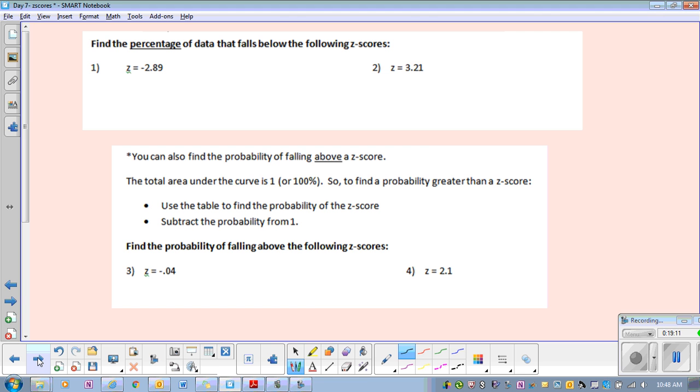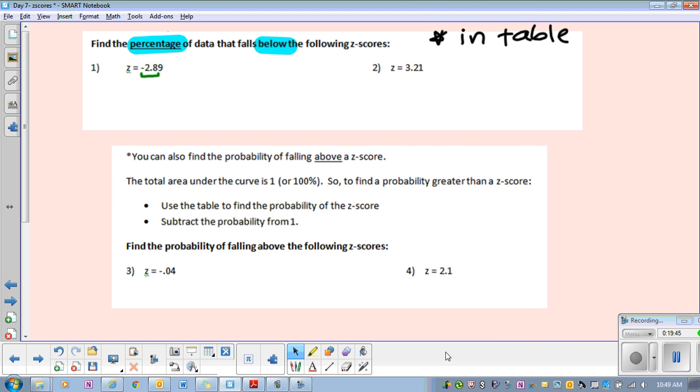It says find the percentage of the data that falls below. All right, guys, below and the percent. Remember, this is exactly just what's in your table if it's below. So if you have a z-score of negative 2.89, go and find negative 2.8, and then you're going to go over to the right until you get to the 9 column.